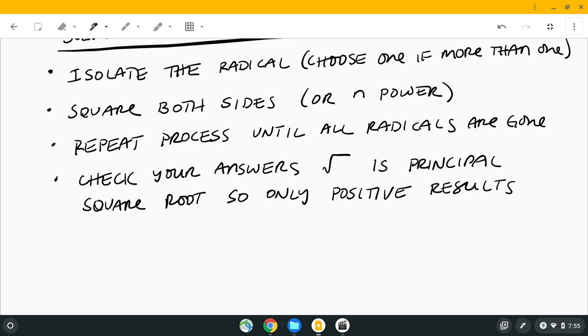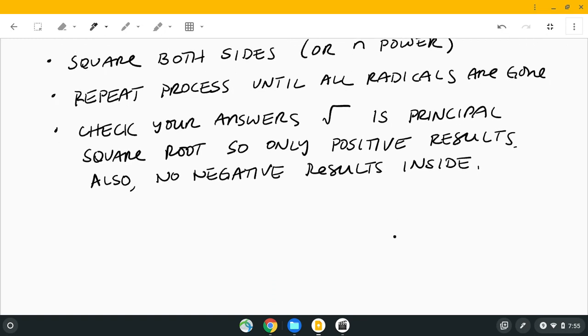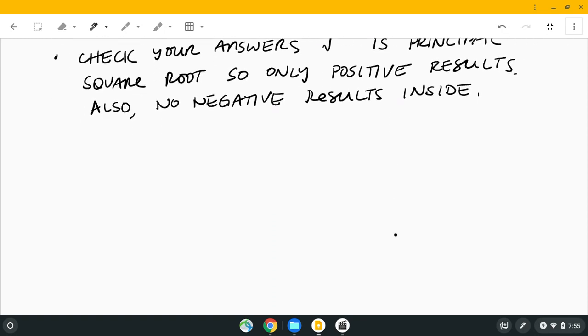And also no negative results inside, or else you end up with imaginary. Okay. So let's take a look at some examples.